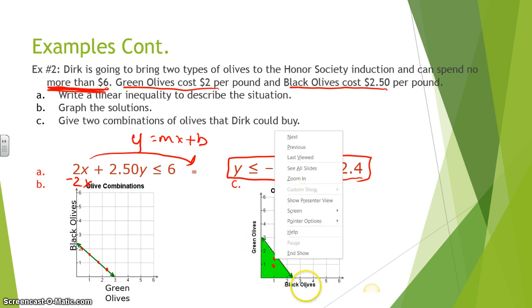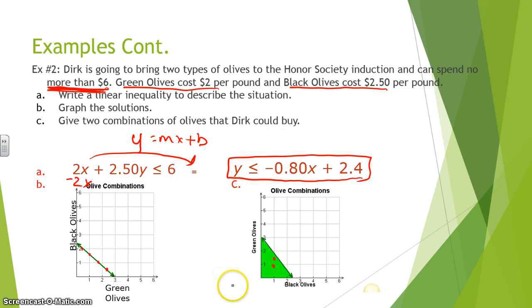And those two combinations would make this inequality true. So if he bought one black, when he buys one black olive, he's going to have one green olive based on the equation here.